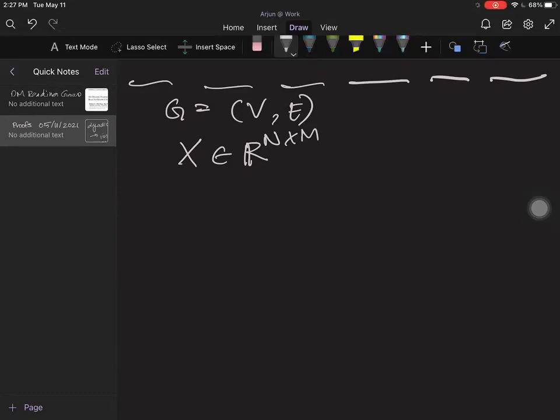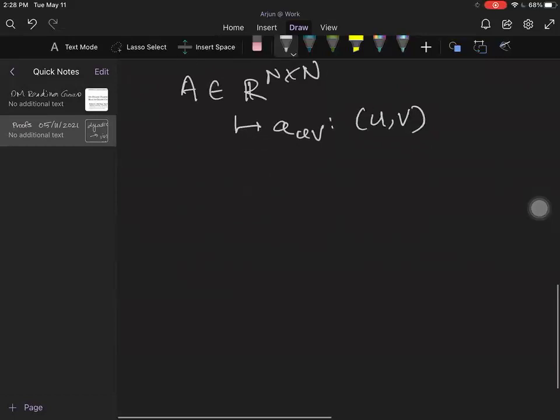Then we're going to have a non-negative adjacency matrix as well that describes relationships between every pair of vertices. And of course, this is an n by n matrix. Inside this matrix, the entry A sub UV represents the weight on the link that is bridging U and V. So for this edge (U, V), A_UV is the weight associated with that edge.